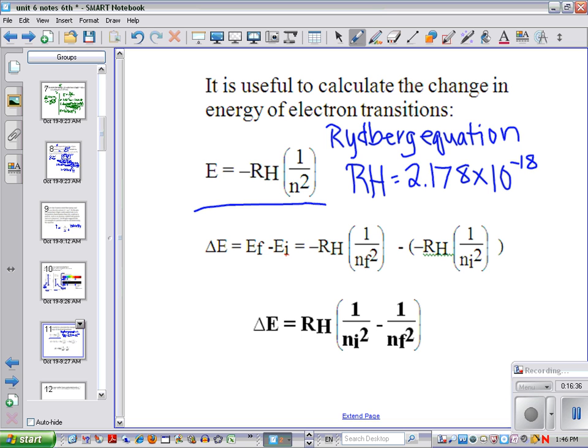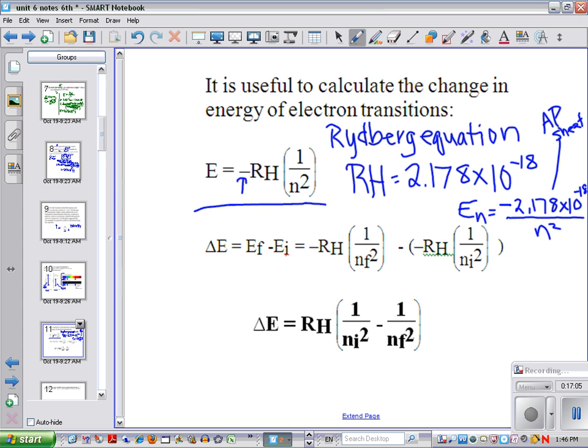So when you plug that in, you get a nice pretty formula that says the energy at energy level N is equal to negative 2.178 times 10 to the negative 18th divided by your energy level squared. This is given to you on your AP sheet. You do not have to memorize this.